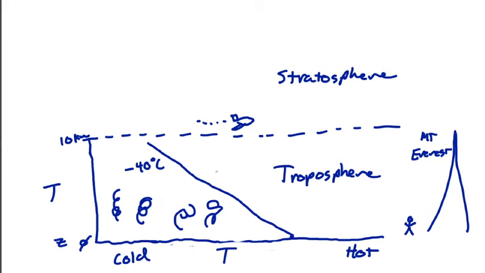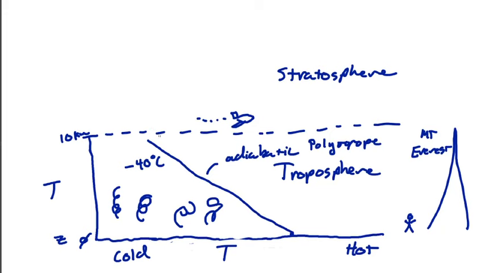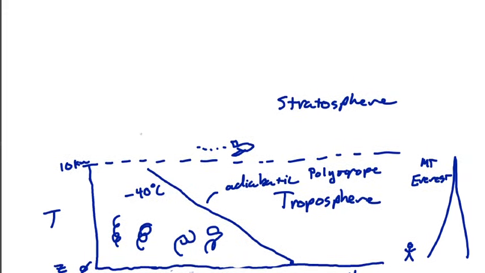That convection leads to a well-mixed polytropic profile with an adiabatic polytrope, more or less, for the stratification, which is why I've drawn it as a linear profile of temperature, as we've seen in our solutions for polytropes in hydrostatic equilibrium.